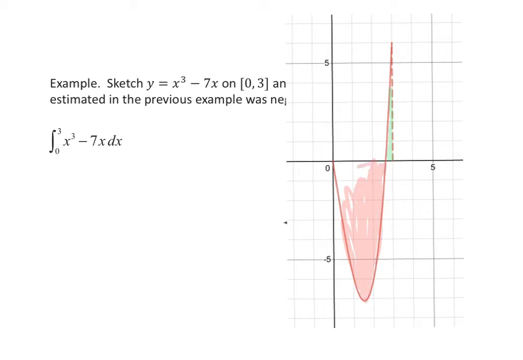So we have with definite integrals the notion of signed area. When I say signed area, I mean area that has a sign on it, positive, negative. And it just has to do with whether it's above or below the x-axis.